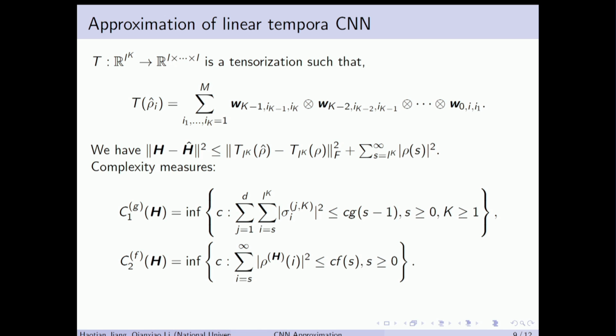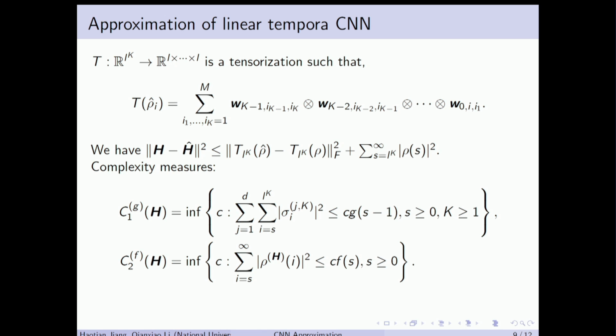Based on these two parts of error, we define two complexity measures. Recall what we do in polynomial approximation: we give these two complexity measures so that we can have some approximation rate on this architecture.